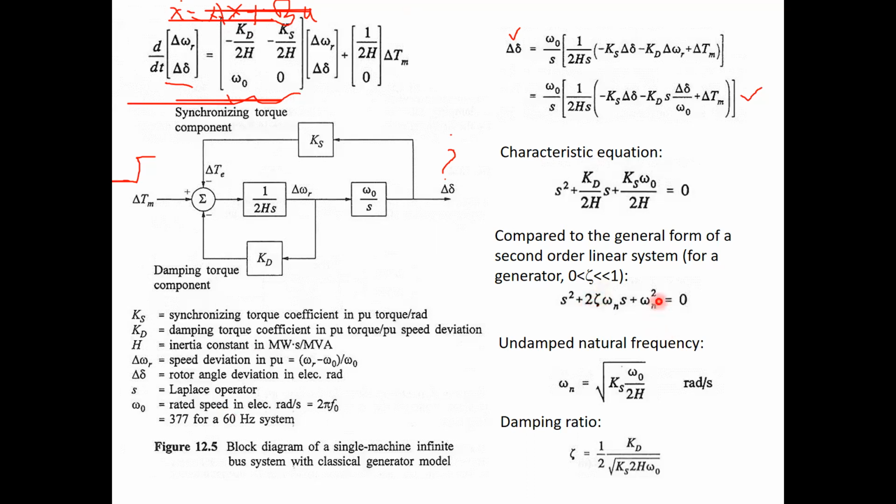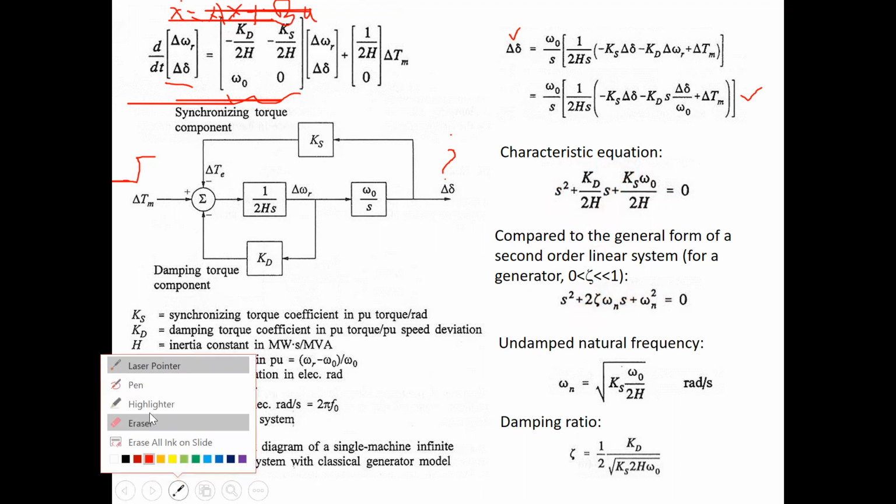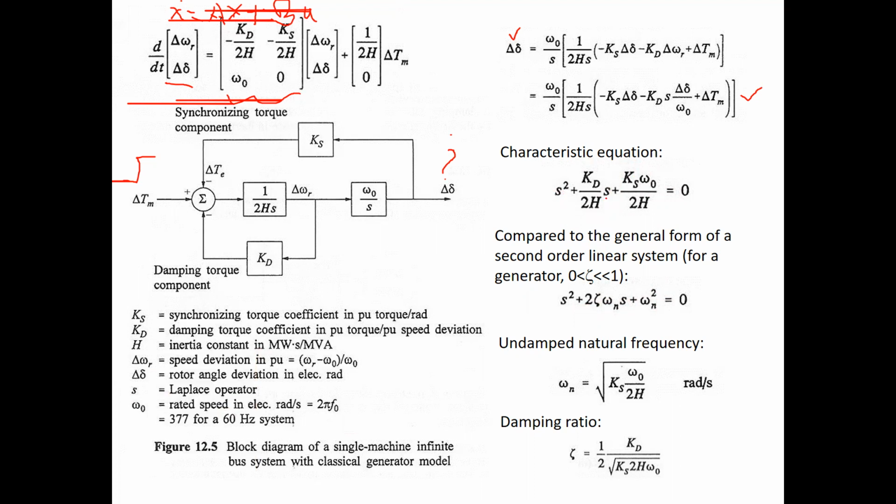So now this quantity we compare here, and again with this quantity, because when you look at here, this is s, this is s here. So what is omega? This is omega n squared. Remember, omega n refers to the undamped natural frequency.